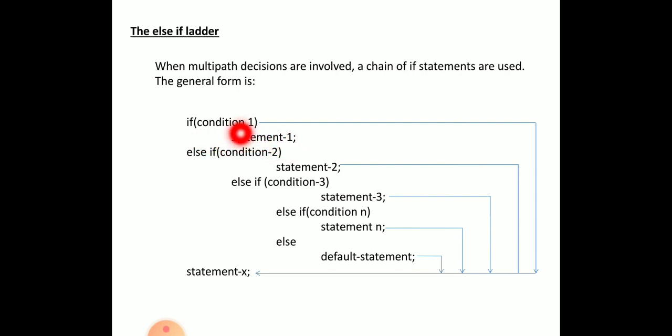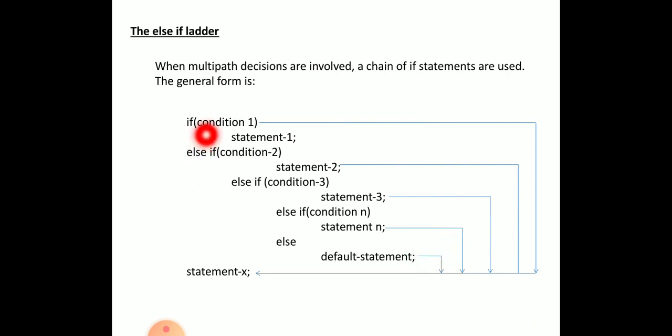As we have seen earlier, it first checks for condition 1. If the condition becomes true, statement 1 will be executed and the flow of control is transferred to statement X.